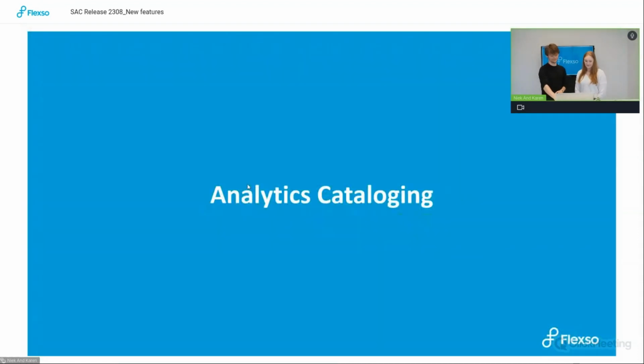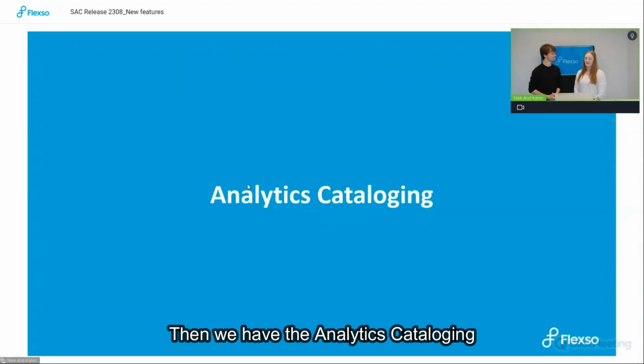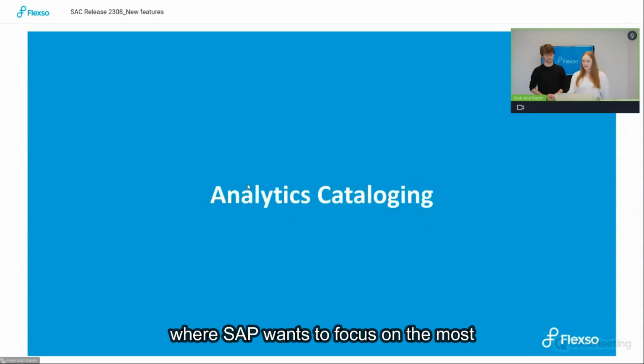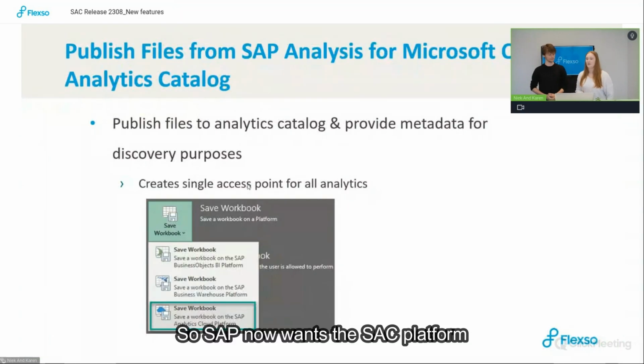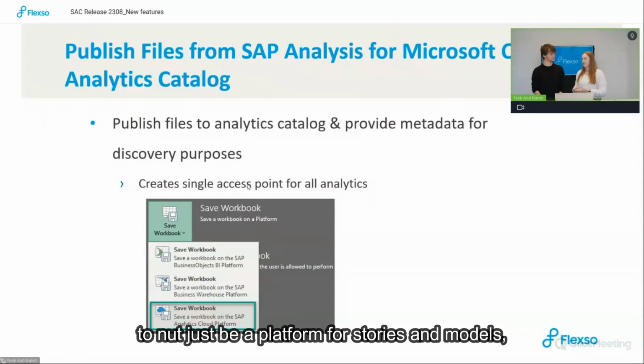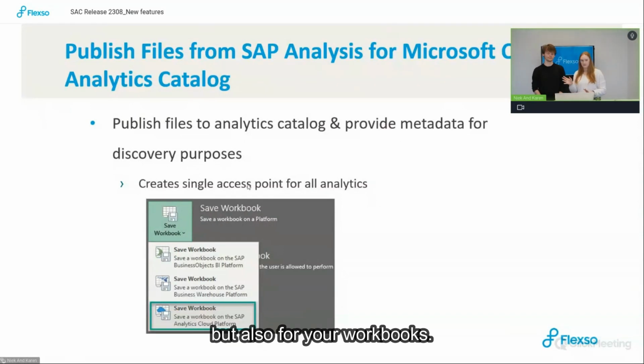Then we have the analytics cataloging. It's the change where SAP wants to focus on most, I guess. SAP now wants the SAC platform to not just be a platform for stories and models and more, but also for your workbooks.